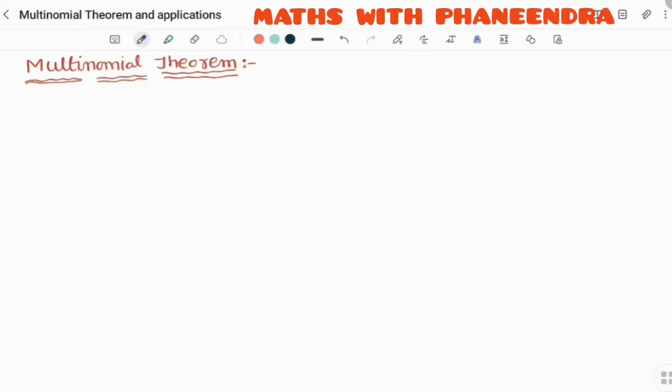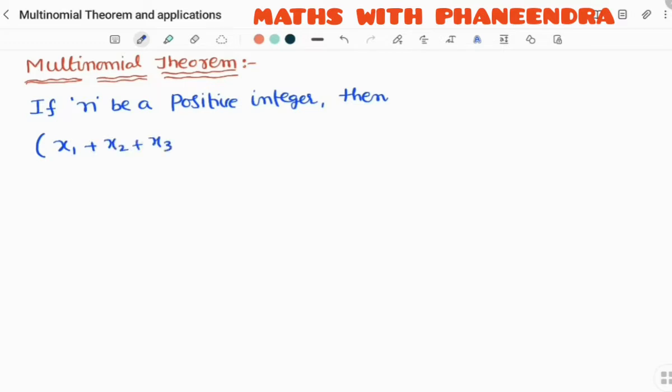Similarly, if n is a positive integer, observe carefully, dear students: x1 plus x2 plus x3 and so on plus xk. Binomial means only two terms, trinomial means three terms, but here k terms are there.